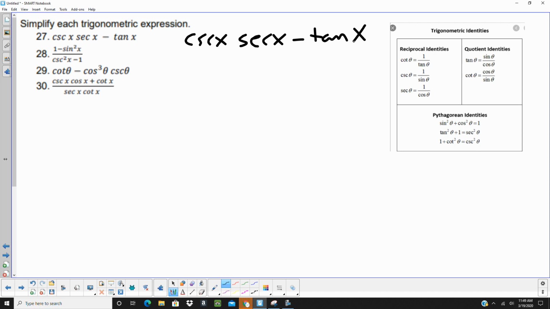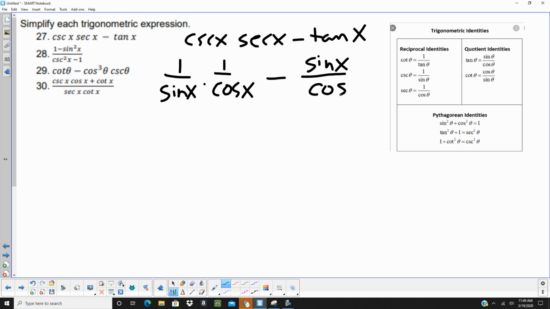When we do these, it's always best to put them in terms of sine and cosine. Cosecant is 1 over sine. Secant is 1 over cosine. And tangent is sine over cosine.